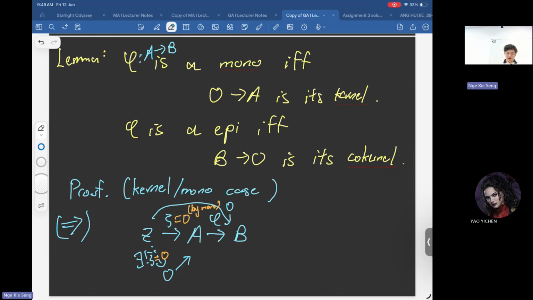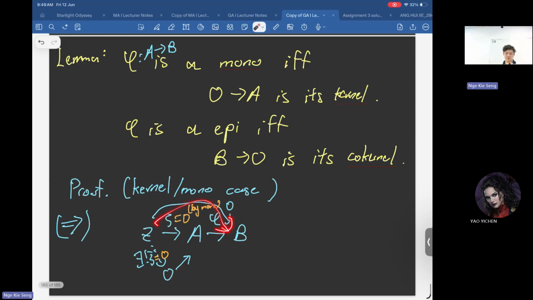Very good. If we want to show something is a kernel, first you need to take anything that composed with phi gives 0, because a kernel is the thing that you compose with phi to get 0. That is the first condition. The second condition is that it factors through this kernel such that there is a unique map going from Z to this kernel. What this unique map has to be is 0, because the map is always 0 by monomorphism.